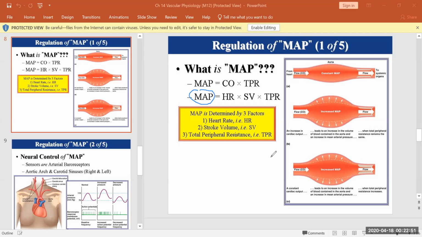What I wanted to say is, yes, through the blood vessels, so through the arteries, through the capillaries, and through the veins, and so forth. Because the beauty about this is by the time blood gets back to the right atrium, the entry of venous blood into the heart, MAP is exactly 0. That's the beauty, right?